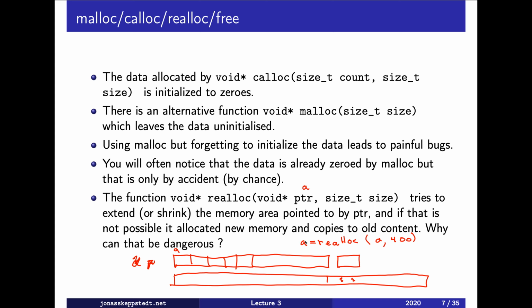So it's better to save it in something else, like A0, and check if it was null or not. If it was null, then we haven't destroyed A. We have just got that information, and then we can do what is suitable when we didn't get any more memory. And if we got memory, we just say A equals A0 and continue happily.